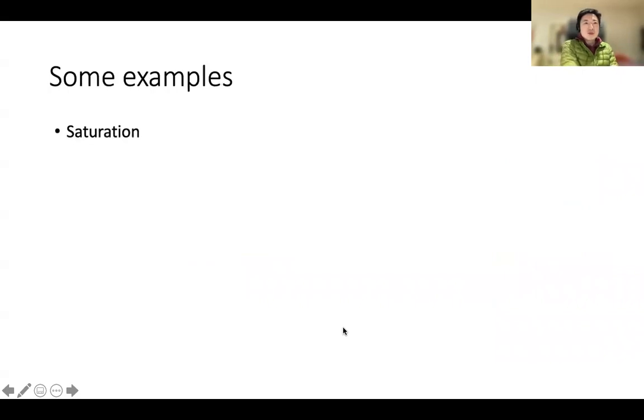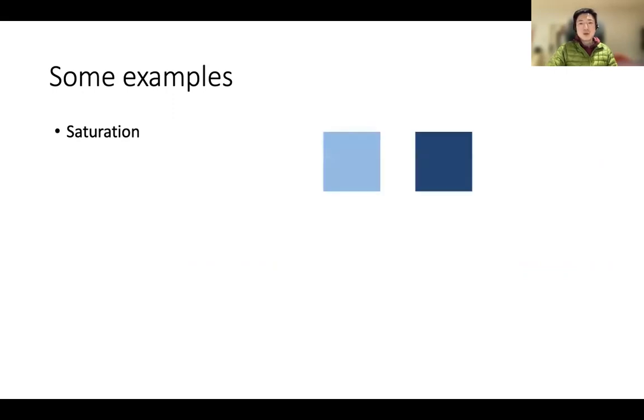Okay, and so let's do a test. Let's look at saturation. So I'm going to show you these 2 examples. I'm going to show you 2 blue colors, and one is darker than the first one. And then you have 3 options.